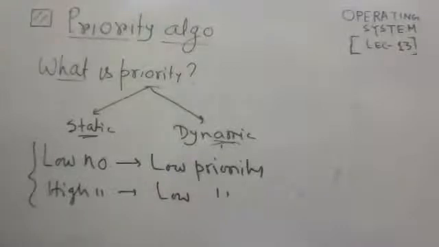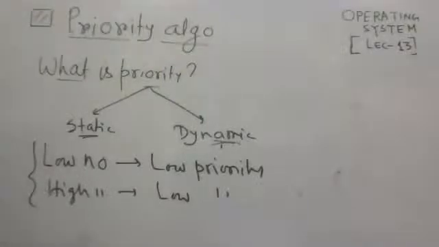If two processes have the same priority, then to break the tie we use arrival time. And if arrival time is also the same, then we use the process number to break the tie.